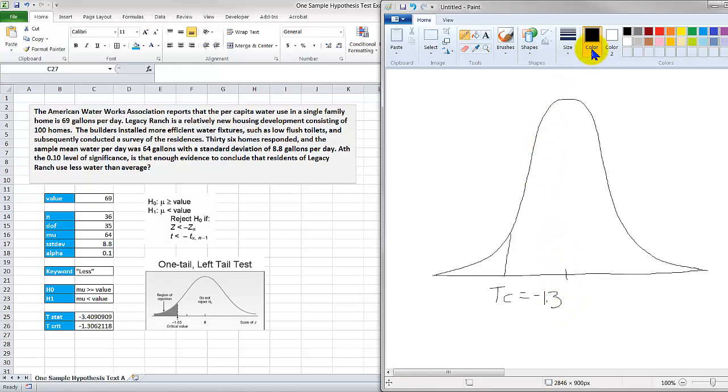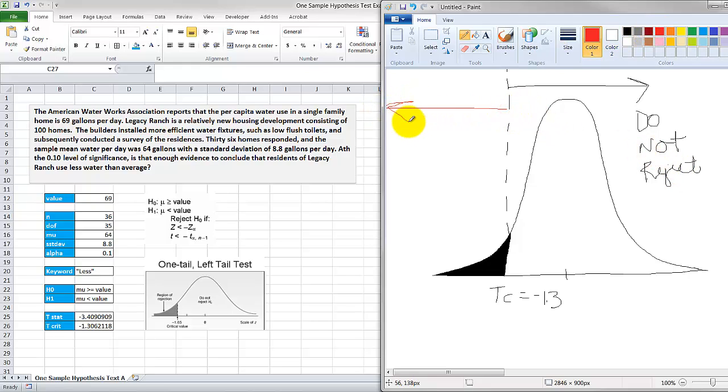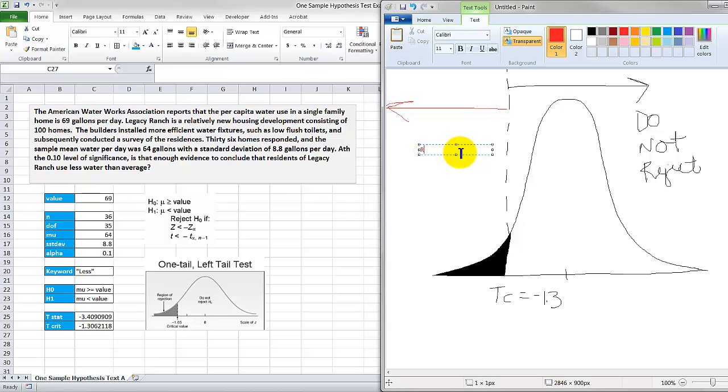Okay, now the rejection region is what I'm going to fill in here with black. So just imagine there's a straight line up from this t-critical value, and I know that's not straight, but this region is the do not reject region. If we're on this side, we are in the region of rejection.